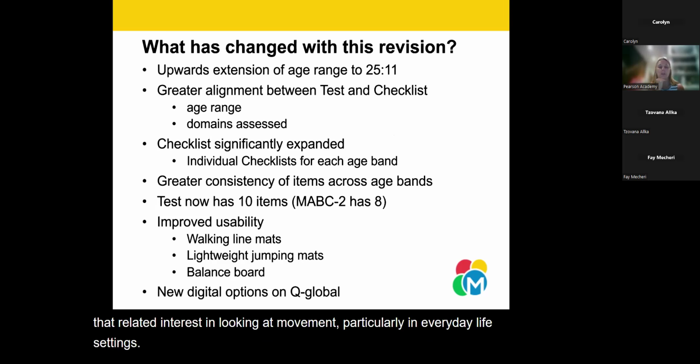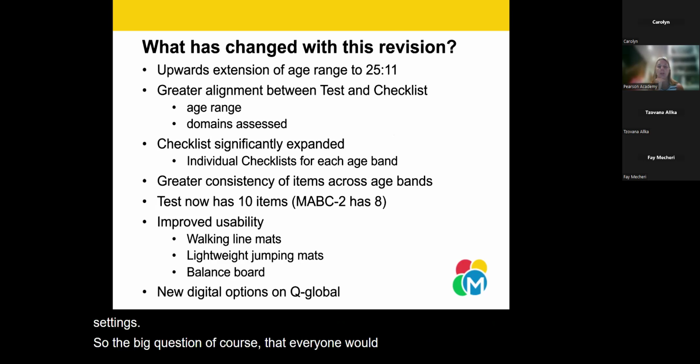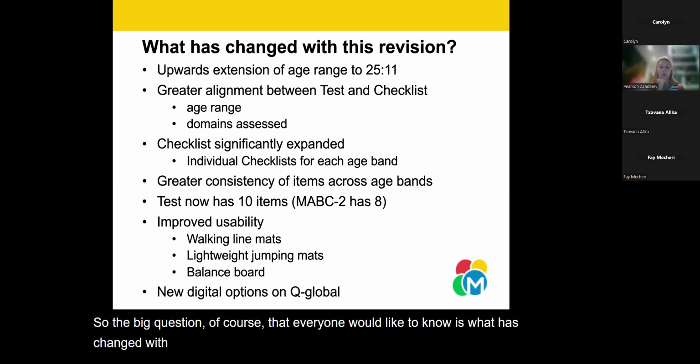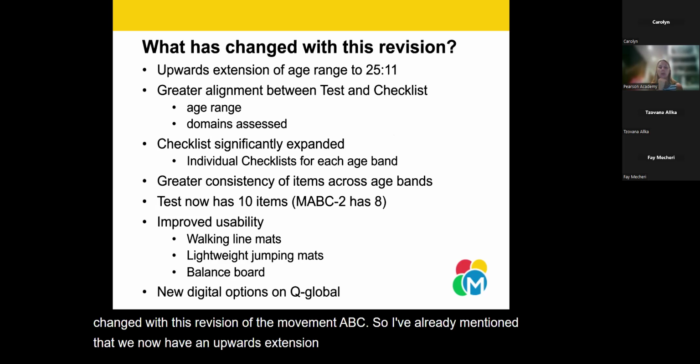So the big question, of course, that everyone would like to know is what has changed with this revision of the Movement ABC. I've already mentioned that we now have an upwards extension. The age range now goes up to 25 years and 11 months.